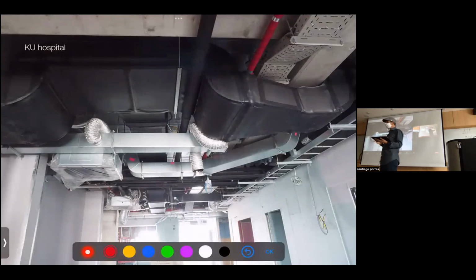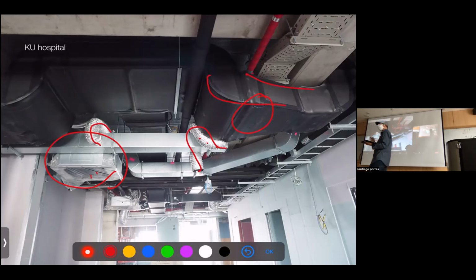In this KU hospital, just to see the contrast, in this case it is individual units, but you see this is just for ventilation. This is another system which is totally packed, probably for insulation and safety. I never saw such carefully packed systems, but probably this is because of the hospital use.